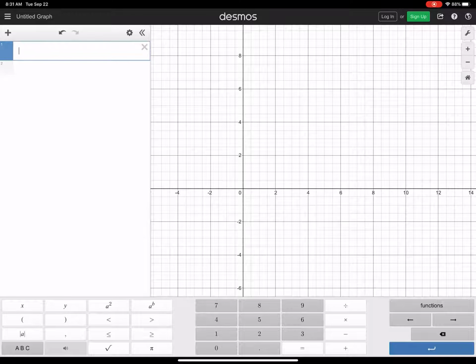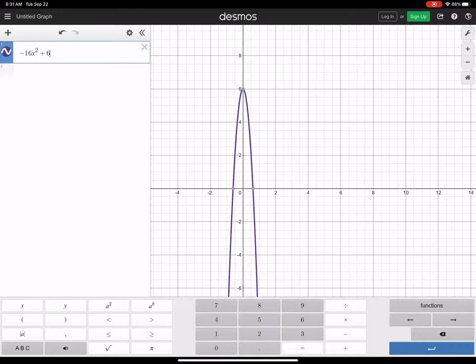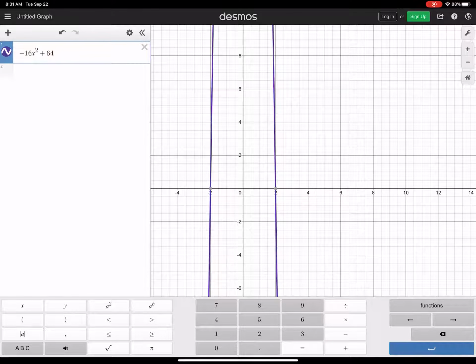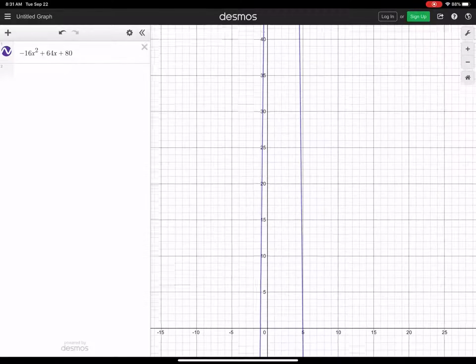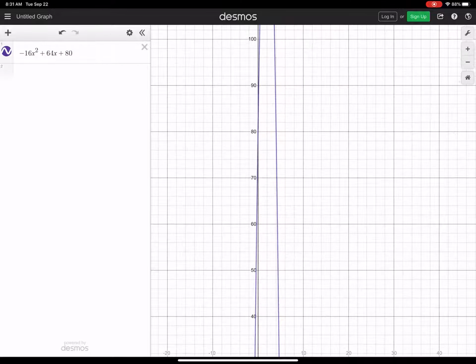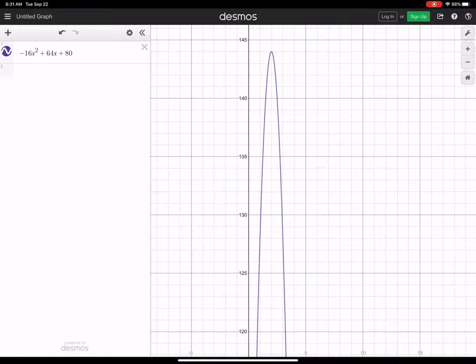So let's enter that equation. So negative 16. Remember, we would just want to use x's instead of what they give us. Okay, I'm going to zoom out just a little bit so I can see my parabola. Okay, so here's my parabola.